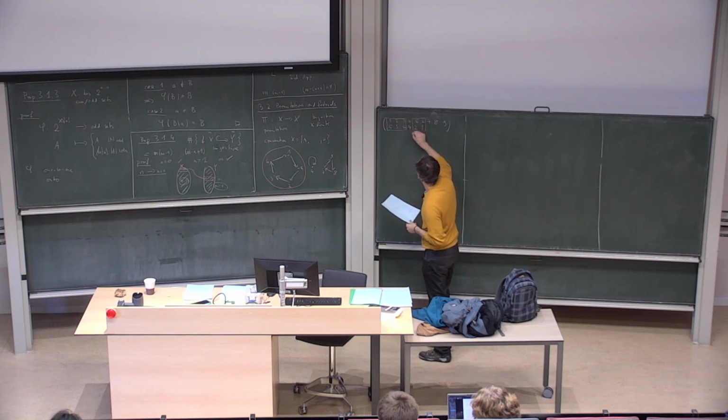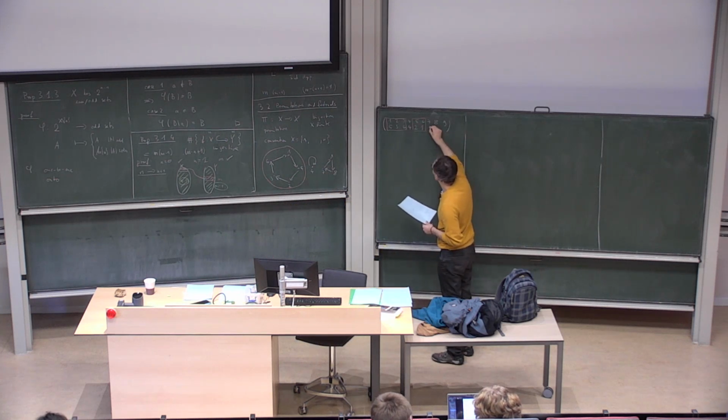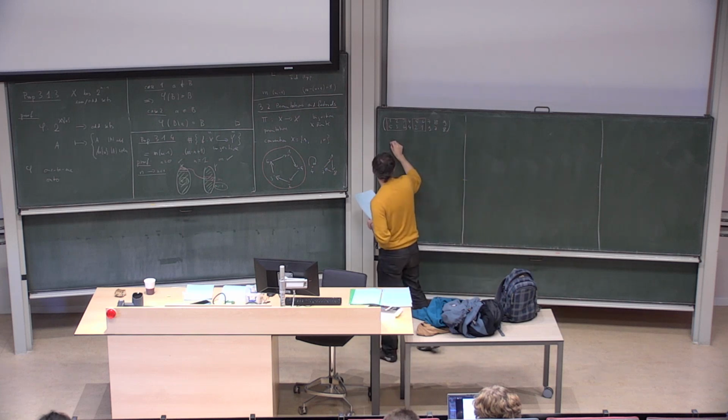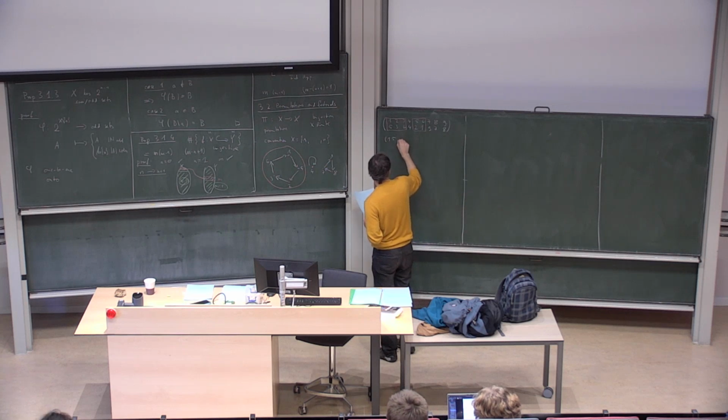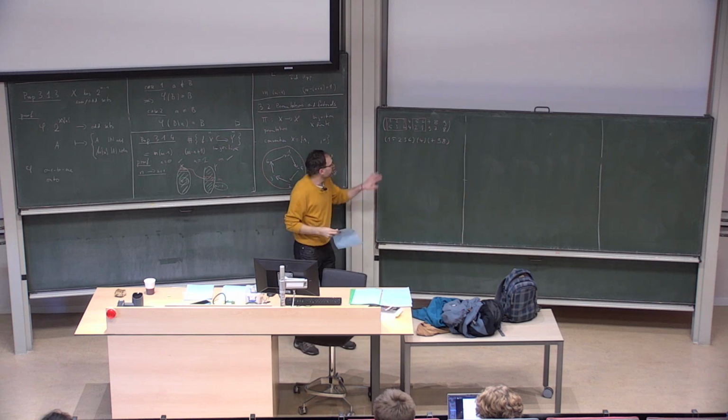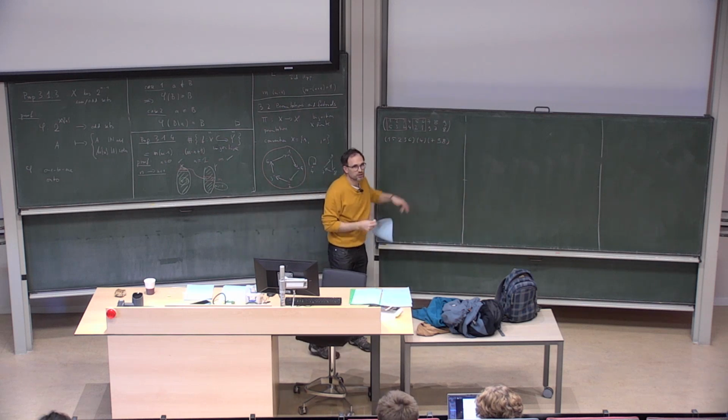So 4 would go to 4, and 7 to 9, 8 to 7, and 9 to 8. That would be another cycle. But you can also write down this in the cycle notation, which is 1, 5, 2, 3, 6, 4, 7, 9, 8. So here we write down every cycle.